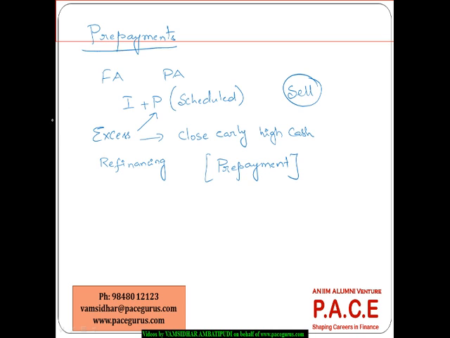So in some cases, there is heavy cash and I just want to get rid of my liabilities, so I'm going to pay back the loan. And the more I'm repaying the principal, the interest component is getting reduced, and overall the loan is closing early.